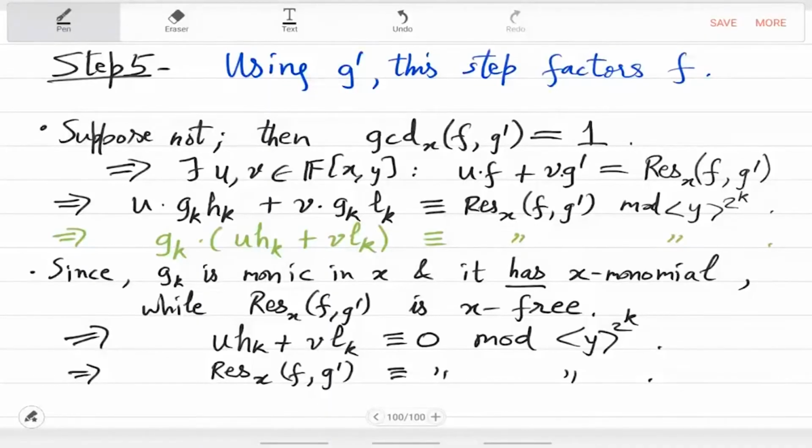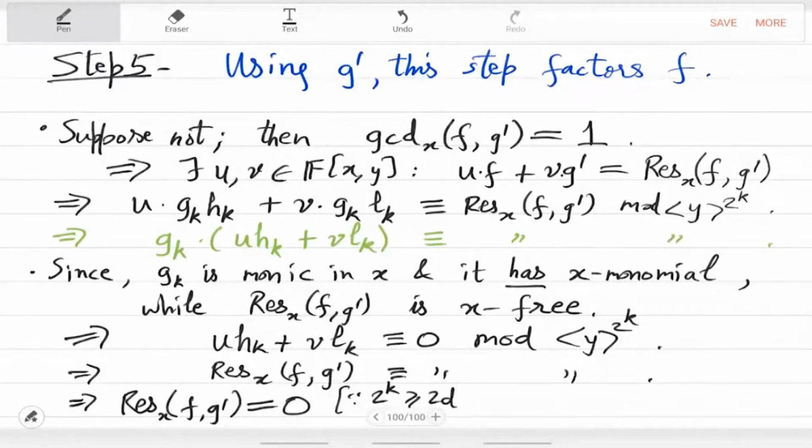Okay. So the resultant has degree less than 2d square, while 2 raised to k is at least 2d square. So this means that the resultant is absolutely 0, no modulus, since 2 raised to k is greater than or equal to 2d square.